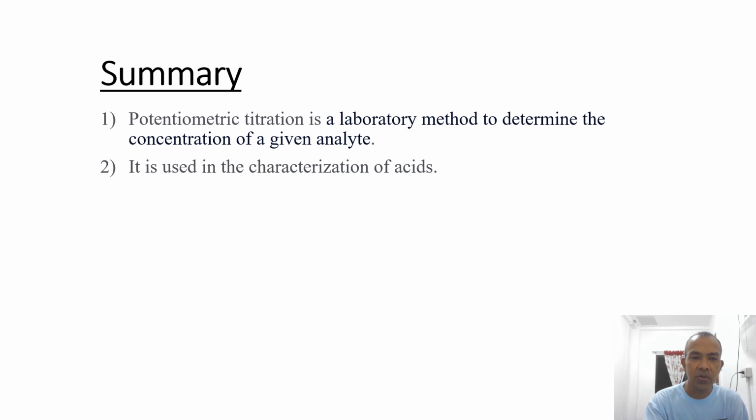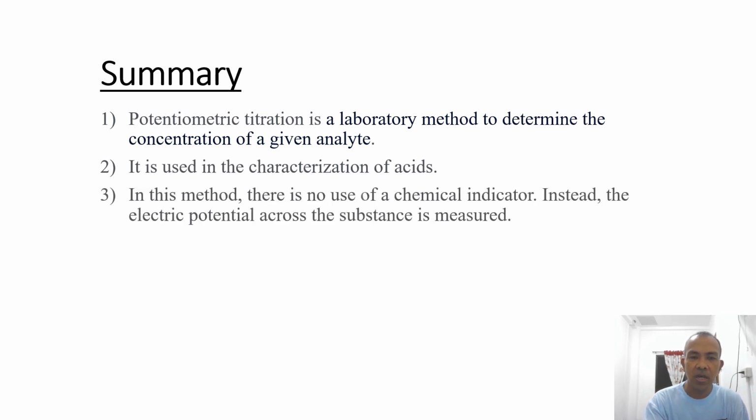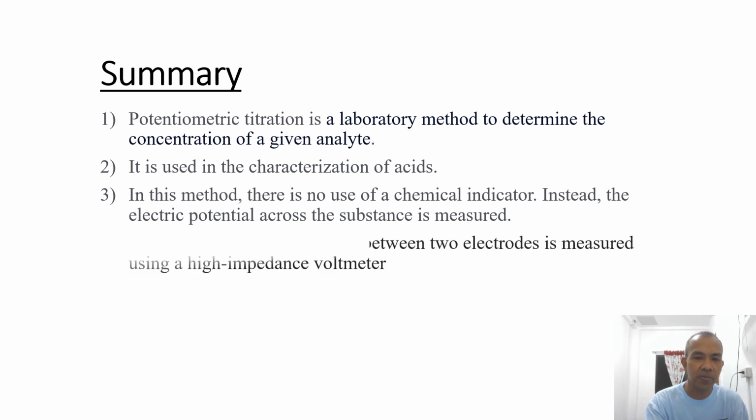Second, it is used in the characterization of acids. In this method there is no use of a chemical indicator. Instead, the electric potential across a substance is measured. Last, in this technique the potential between two electrodes is measured using a high impedance voltmeter.